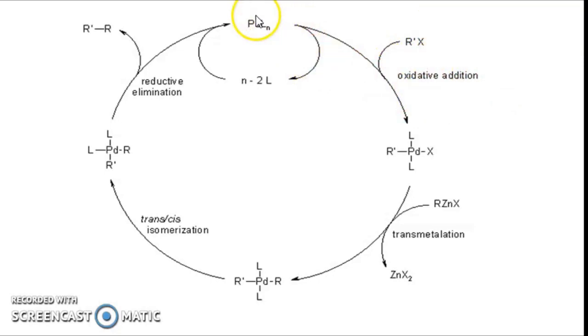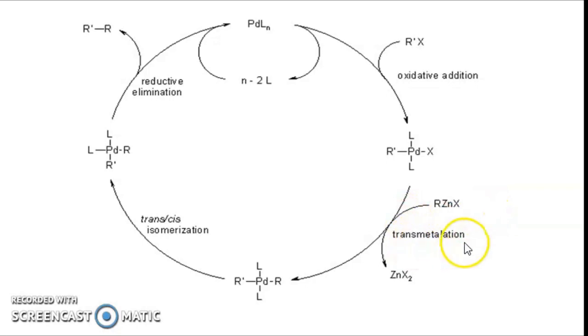That is, the palladium, which is in zero oxidation state, is changed to +2 oxidation state, and the alkyl group and the halide group are added, or the palladium catalyst is inserted into the alkyl halide.